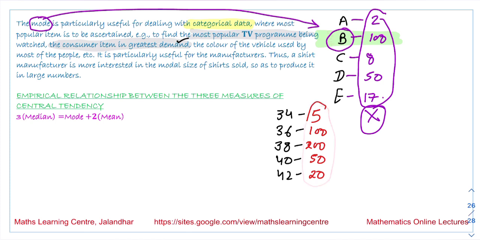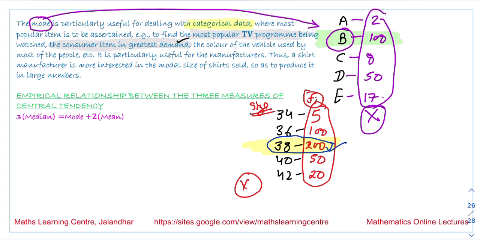Now if we calculate the average of these values, where these are the sizes of the shirt and this is the frequency, that is the demand, we will not get any useful value. So the mode, the shirt that has maximum demand, is of size 38.